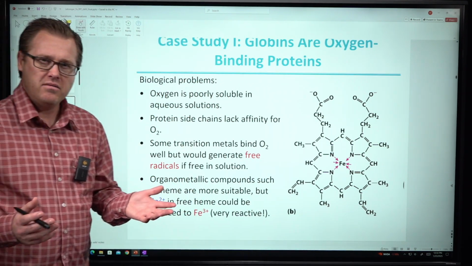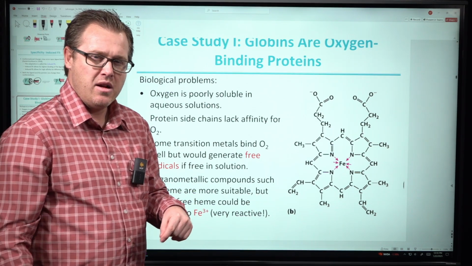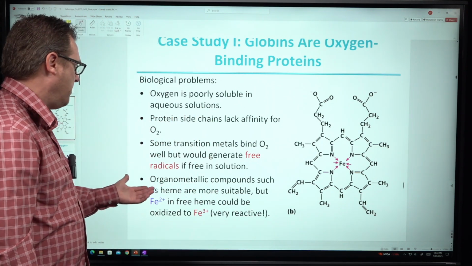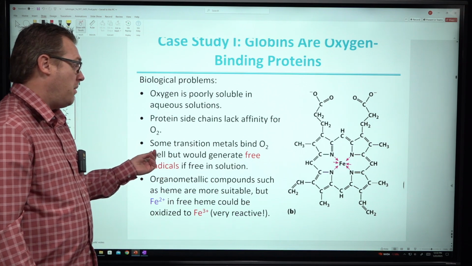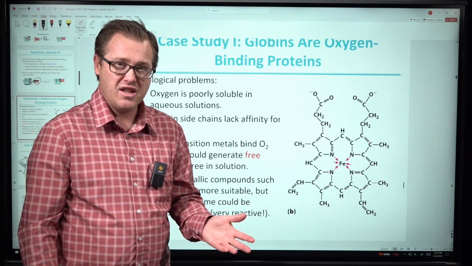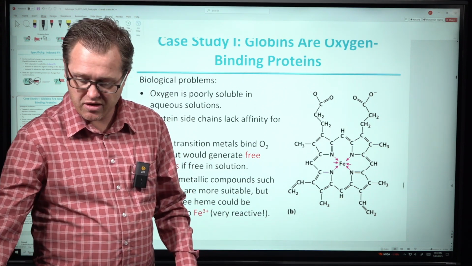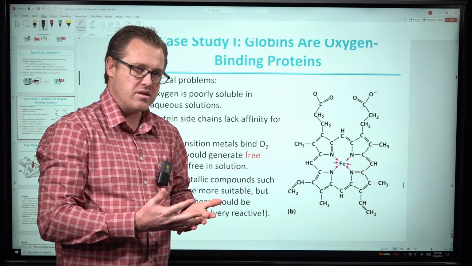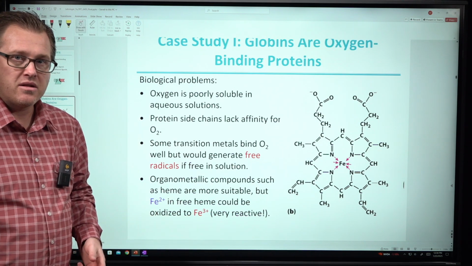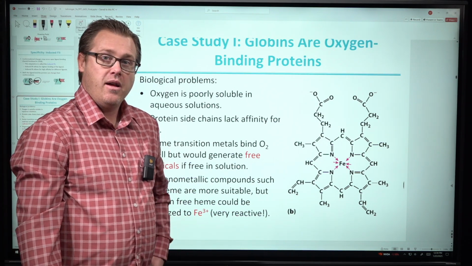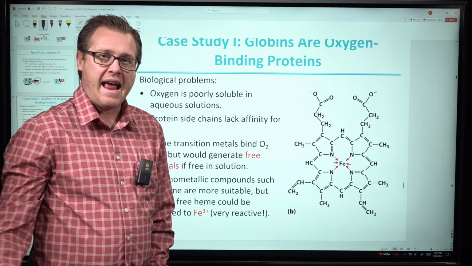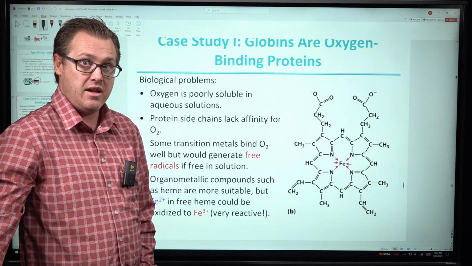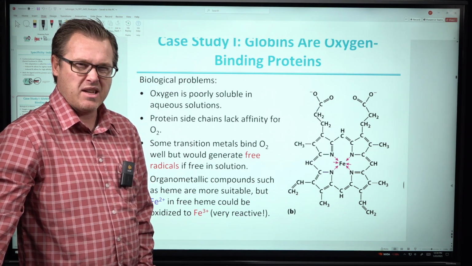We've heard of iron, and we know iron is in blood, but if it's just free iron in the bloodstream, then that's going to mess with oxygen and convert oxygen into a free radical. So if you go into the lab, take iron and oxygen, put it together, you're going to form radicals. And oxygen radicals are very, very bad for your health because they're so reactive. They're going to cause DNA damage and just damage to really anything that it comes in contact with.